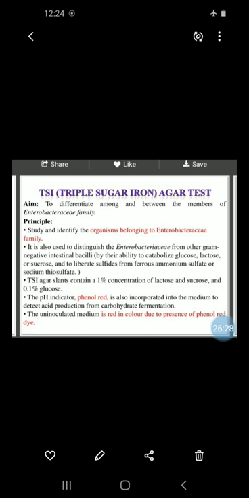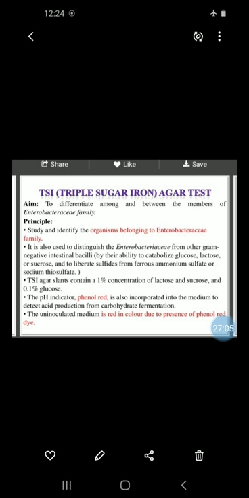Then the TSI agar slant contains what? 1% concentration of lactose and sucrose and 0.1% of glucose. In this test the pH indicator used is phenol red. It is incorporated into the medium in order to detect acid production from carbohydrate fermentation.